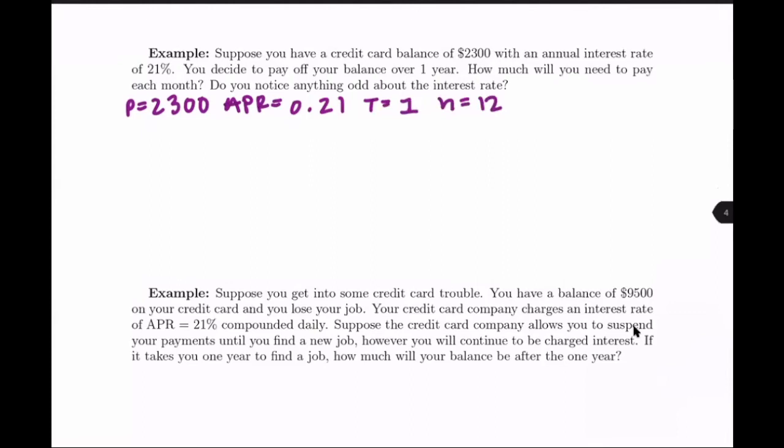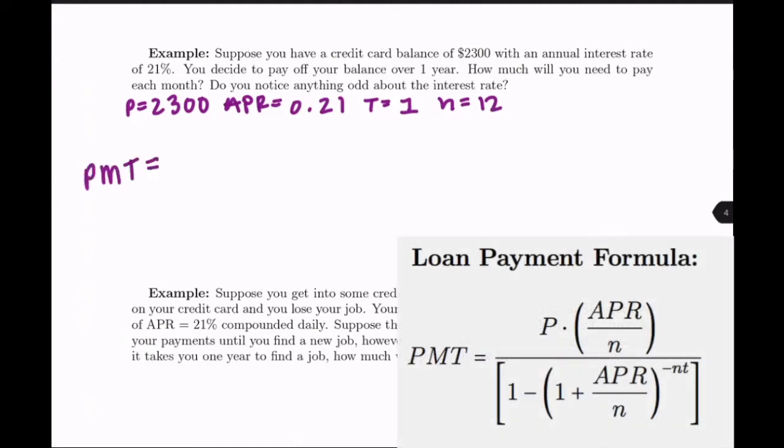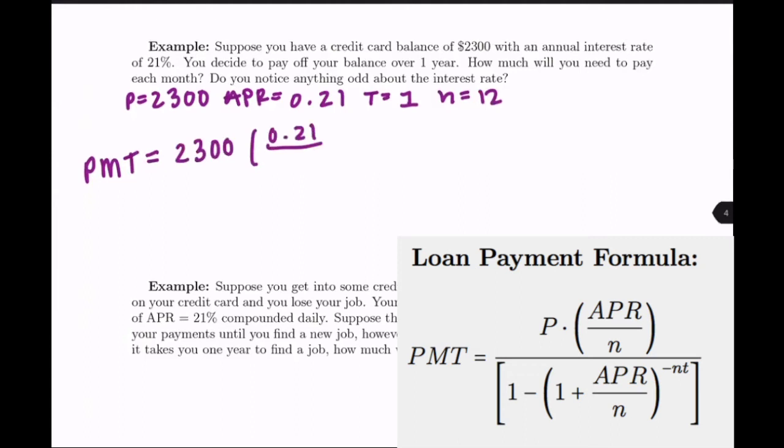So I'm going to go ahead and plug this into our payment formula. So we have PMT is going to be equal to 2,300 multiplied by 0.21 divided by 12. And then the big divides bar.